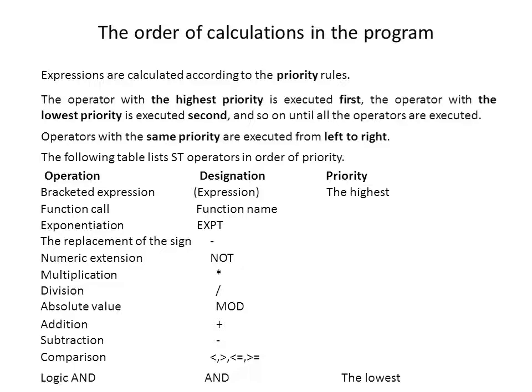Logic AND has the lowest priority. These priority rules must be used when we are programming a PLC in this language.